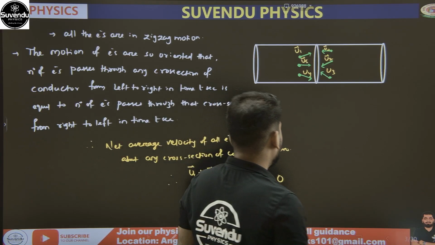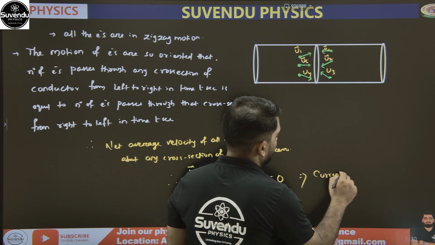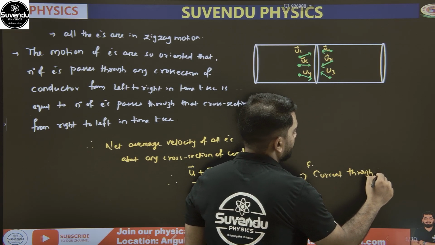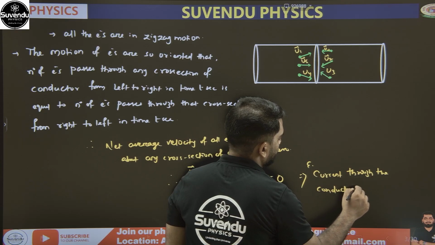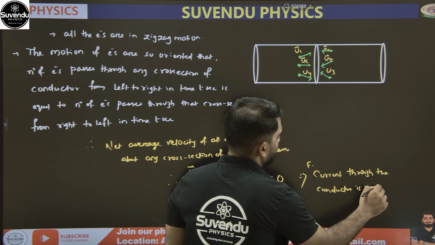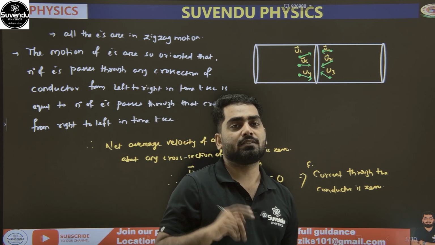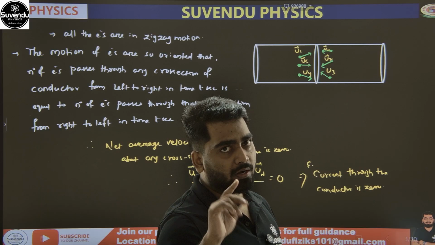which implies current through the conductor is 0. Electric current through the conductor is 0. Clear? Electrons are in motion, but they are in zigzag motion, and their motion is not in one direction.